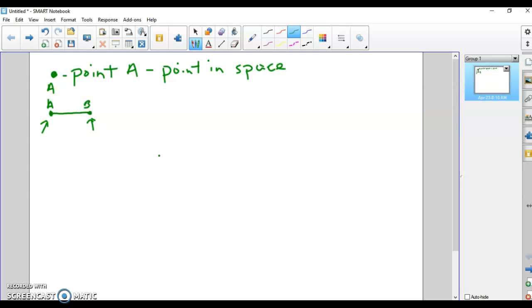So I labeled them A, B. This is line segment AB. It's different than a line. That's why it's called a segment, is that it stops. So it has two endpoints.